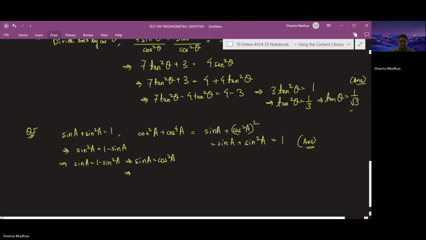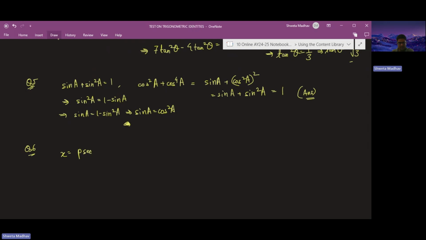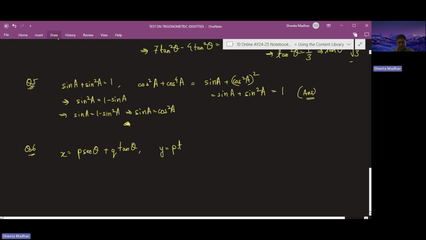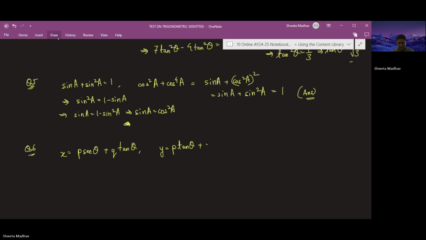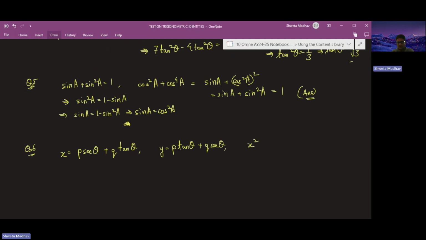Then in question number 6, it has been told that if x equals p sec theta plus q tan theta and y equals p tan theta plus q sec theta, then we have to prove that x square minus y square is equal to p square minus q square.